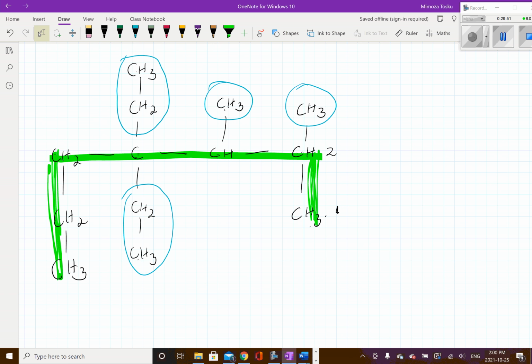So 1, 2, 3, 4, 5, 6, 7. Now let's name the branches. Those two branches have one carbon, so they are methyl. Those two branches have two carbons, and they are ethyl.